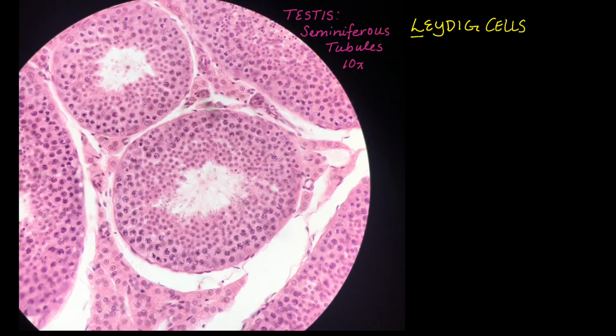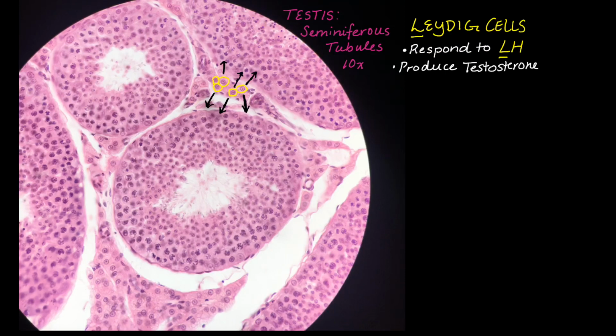So first we have Leydig cells. And the Leydig cells are actually located between all of the tubules. So you can think of them as kind of intermediate cells that kind of cushion the tubes. But the Leydig cell's function is to actually secrete things that then can pass into the seminiferous tubules.